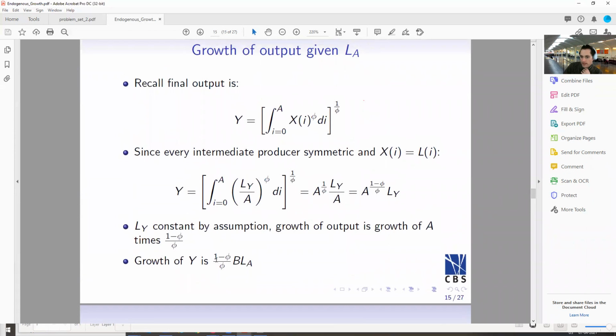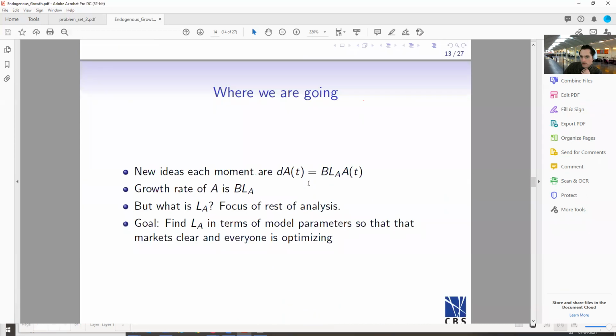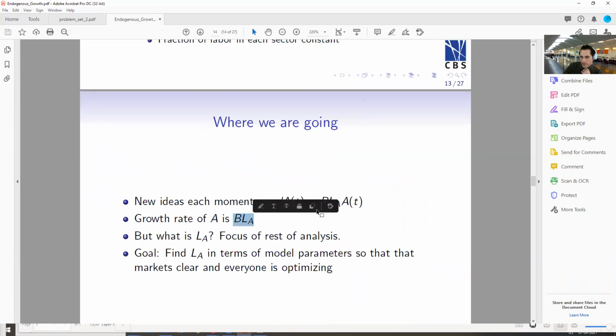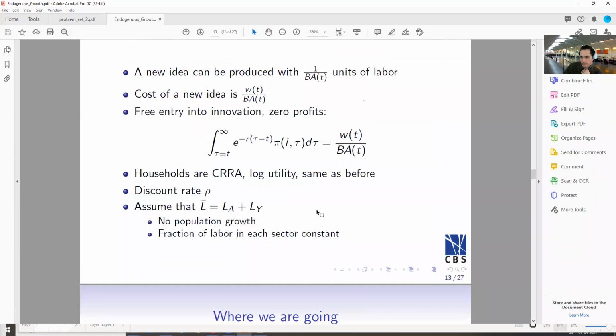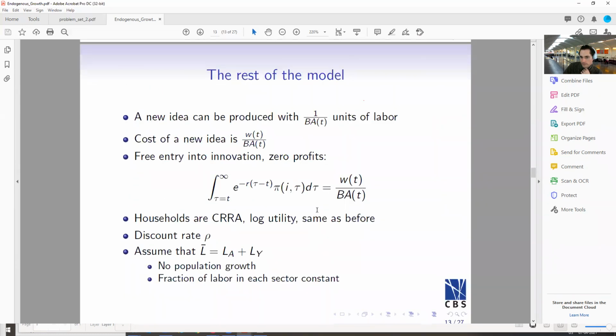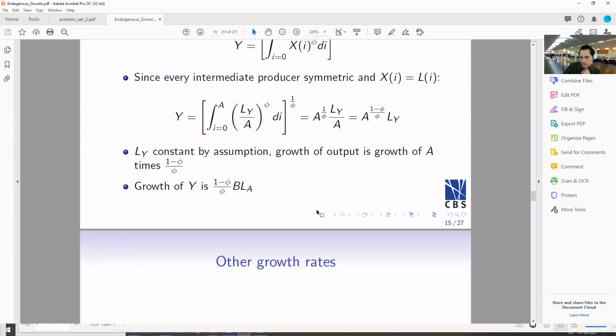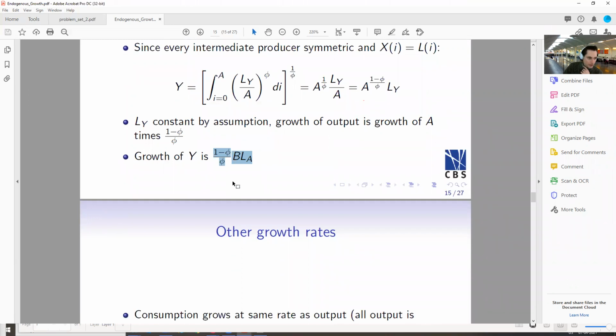Growth rate of Y is this. Growth rate of A is BLA, that doesn't change. Growth rate of Y is this, and then we have an argument that the growth rate of wages, you'll recall, workers are paid a share of output, so wages grow at the same rate as output.